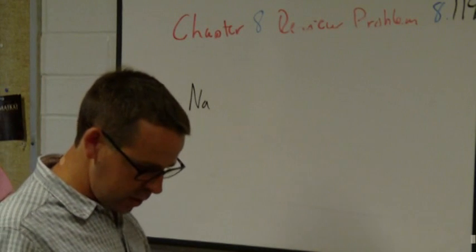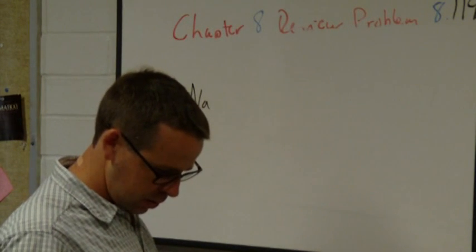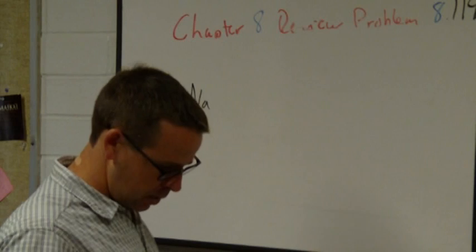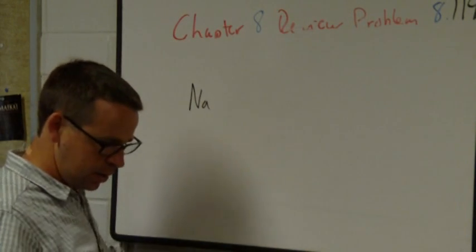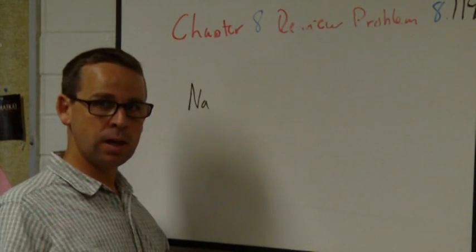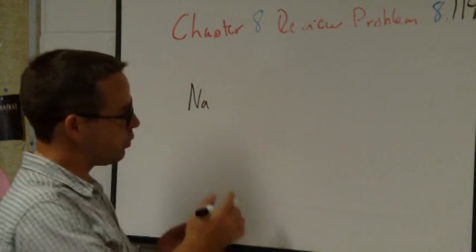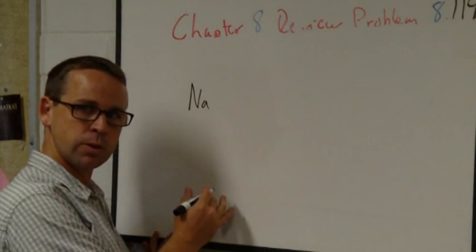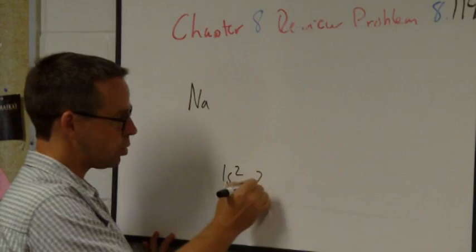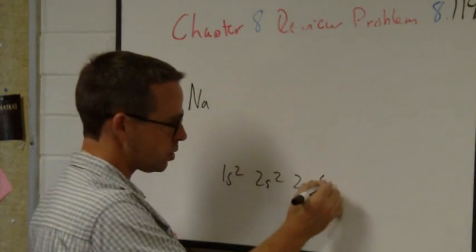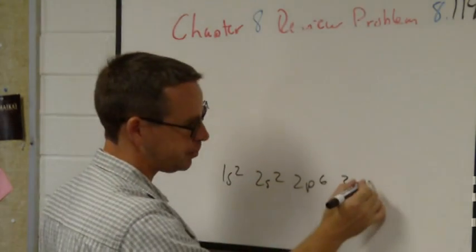So sodium's valence shell, that means the outer shell, is where N is the highest value, right? So if we look at the electron configuration for sodium, 1s2, 2s2, 2p6, 3s1.